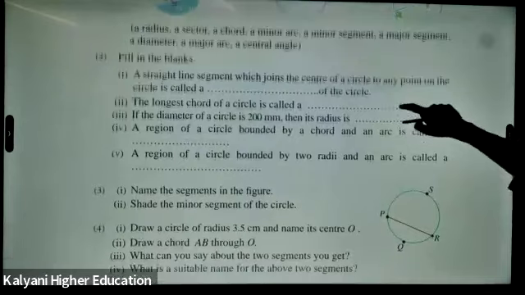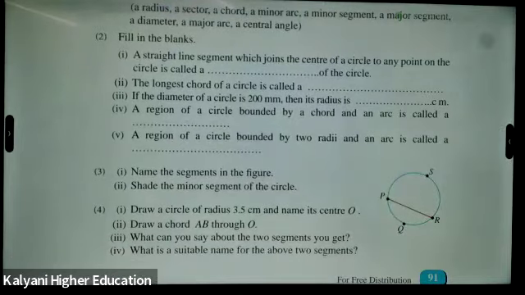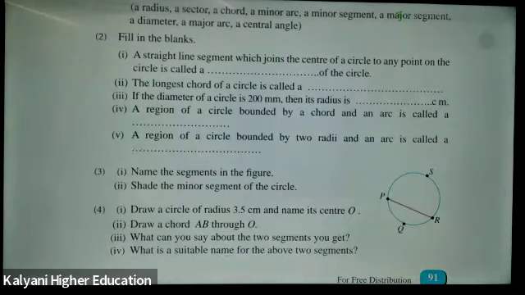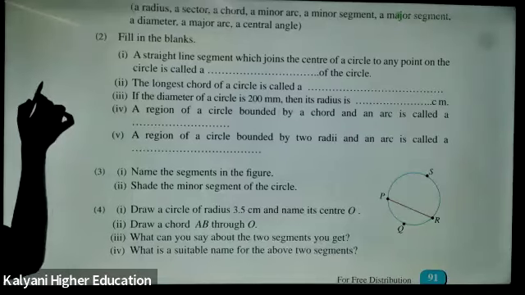Fill in the blanks: A straight line segment which joins the center of a circle to any point on the circle is called a ___. Now you should do this one. A straight line segment. Line segment, not the part of a circle we call a segment.